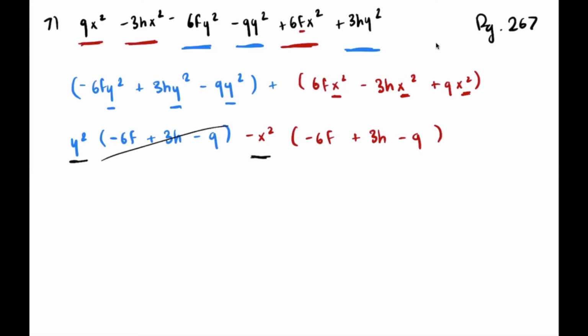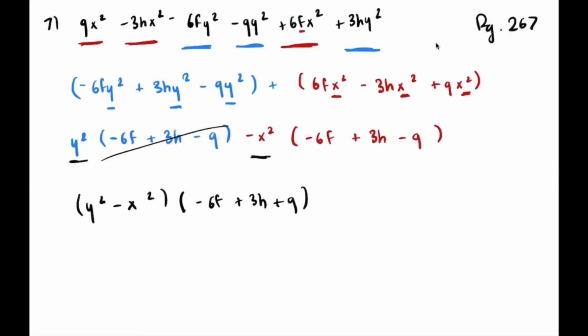Then we will group this with this and cancel out one of these. So how will it be written? Y squared minus x squared times negative 6f plus 3h plus g. Now, in the question they say factor completely. And here, do you recognize any special product?